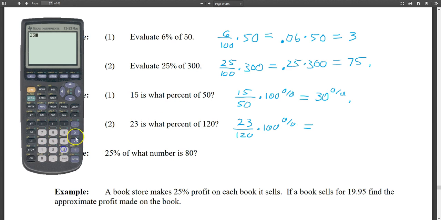So 23 divided by 120 times 100. And we get back, let's round that to 2 decimal places, 19.17%. So 23 is 19.17% of 120.